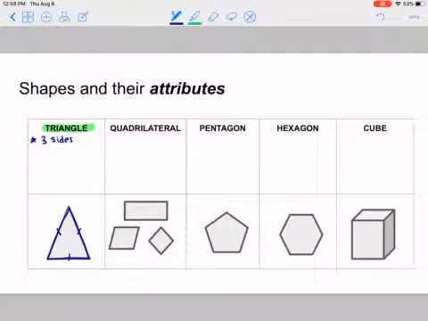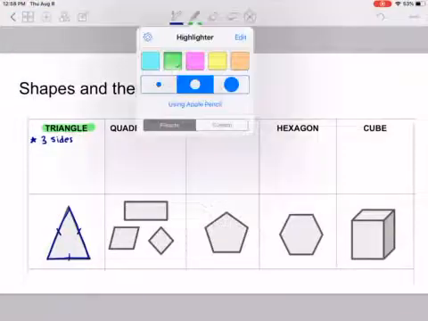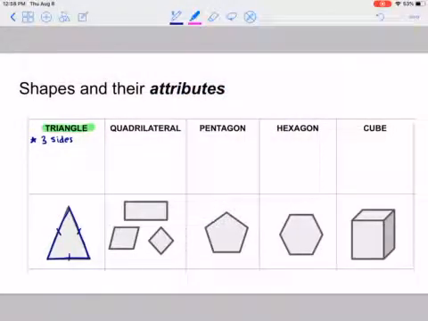Now, an angle. An angle, when we talk about shapes, is the corner where two lines meet. So a triangle is made up of three sides which look like straight lines, and an angle is where two of those lines meet. So it's kind of like a point. It's our point right there.